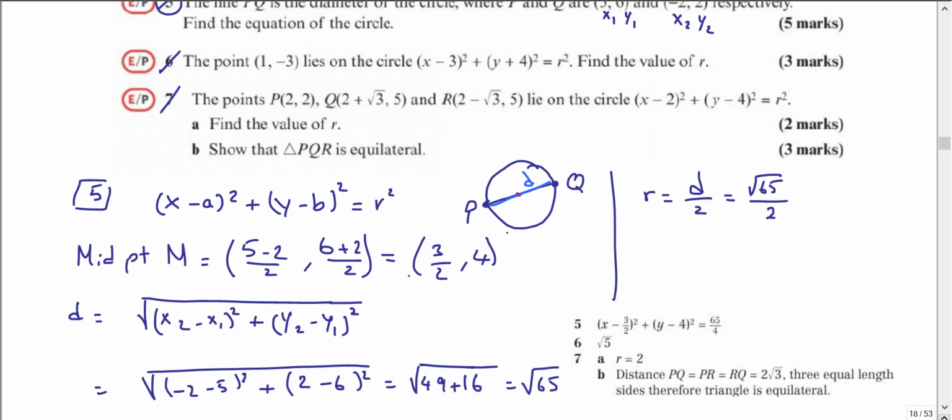Very good. So now substitute in the equation: x minus 3 over 2 all squared plus y minus 4 all squared equal root 65 divide 2 squared, because we have r squared in the root. So write it again, but remove the root.